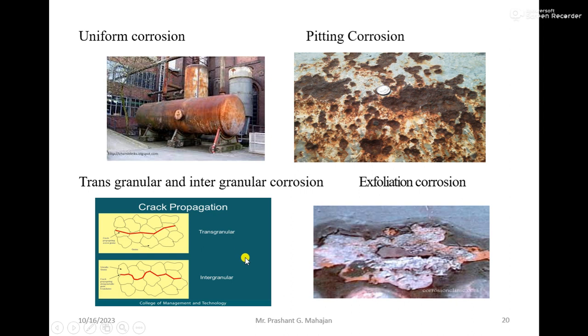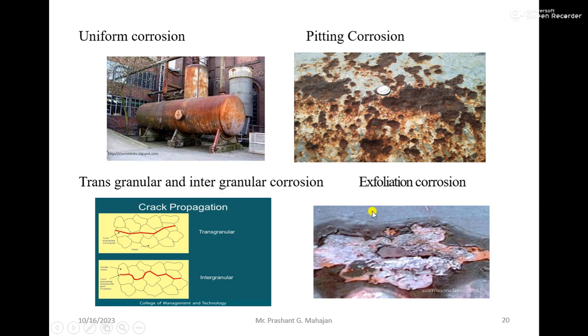Transgranular means the corrosion takes place through the granules, and intergranular means the corrosion occurs through the spaces present between the granules. So through the granules is transgranular, and between the granules is intergranular.